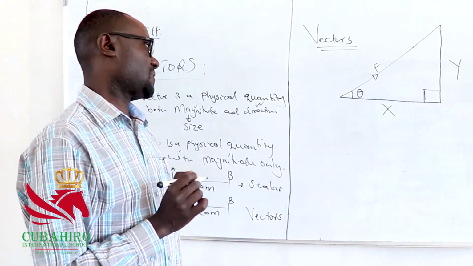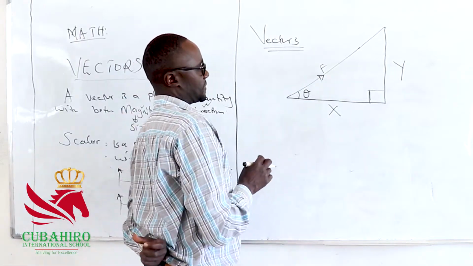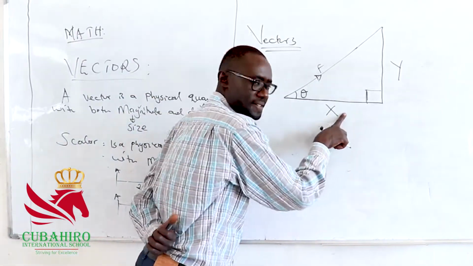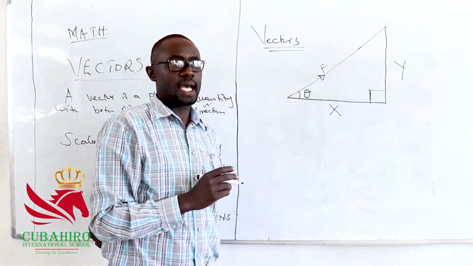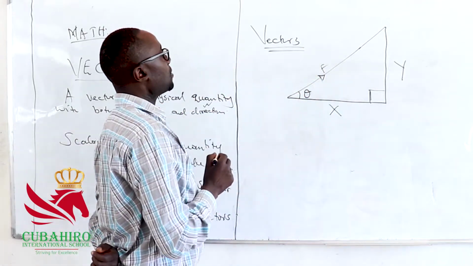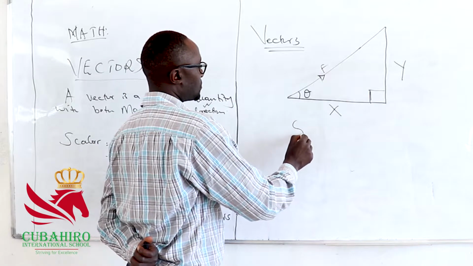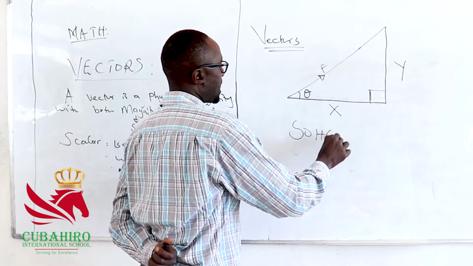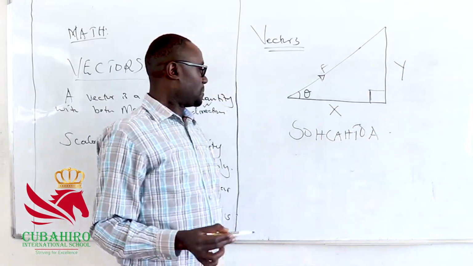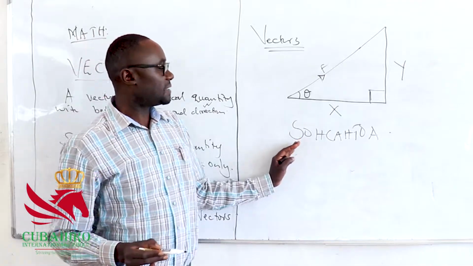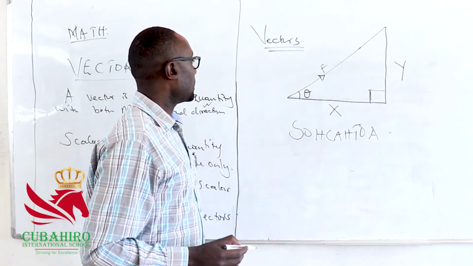Very, very interesting. Now, if in any case I need to write X in terms of F, vector F, then obviously people know what this means: sine, cosine, and tan.